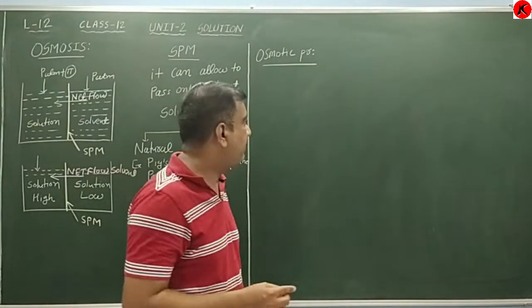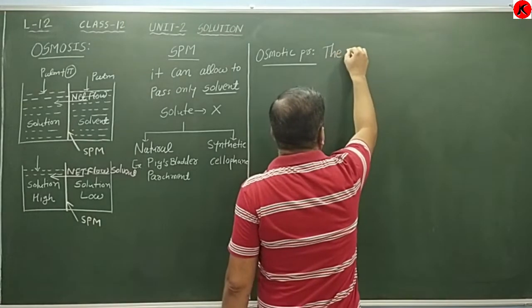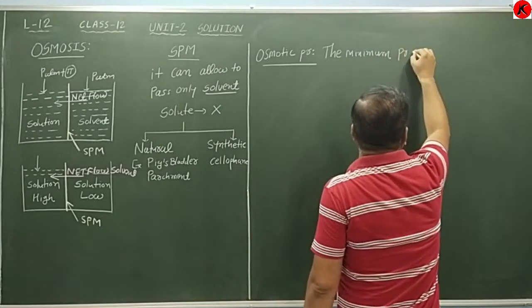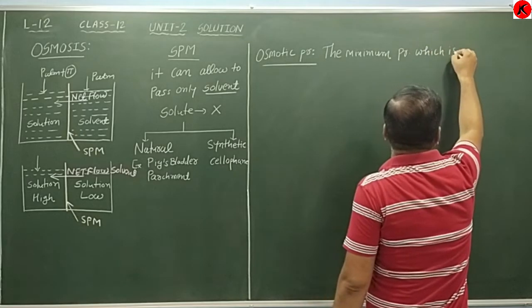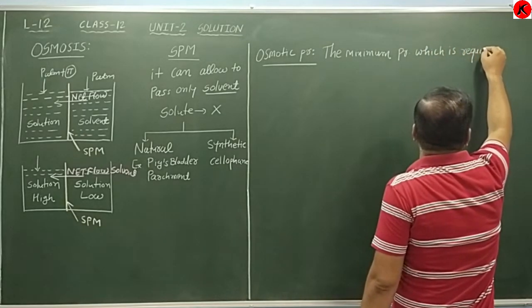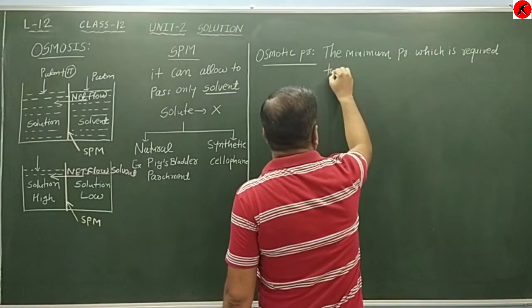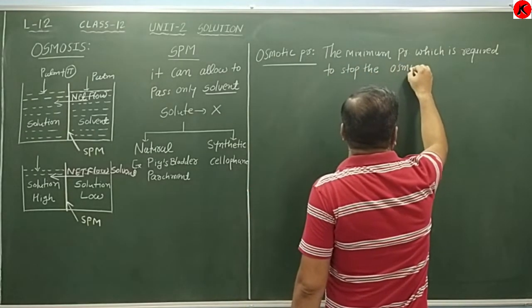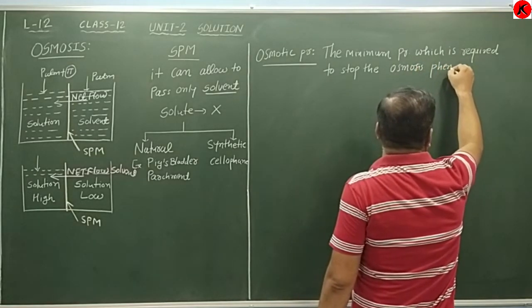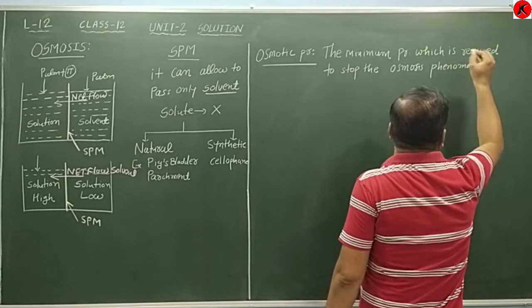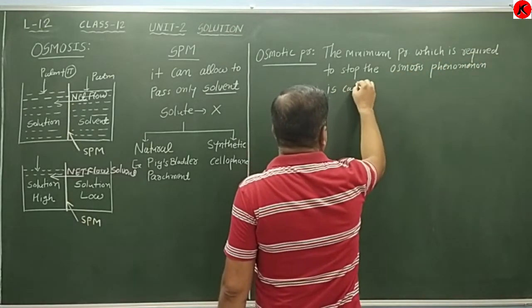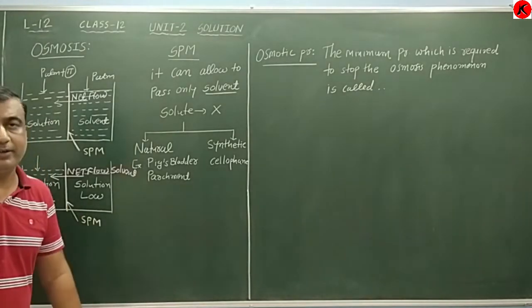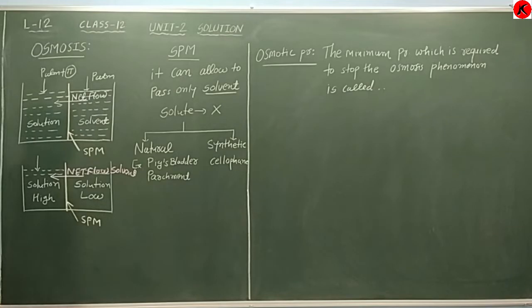That means the definition of osmotic pressure: the minimum pressure which is required to stop the osmosis phenomenon is called osmotic pressure.